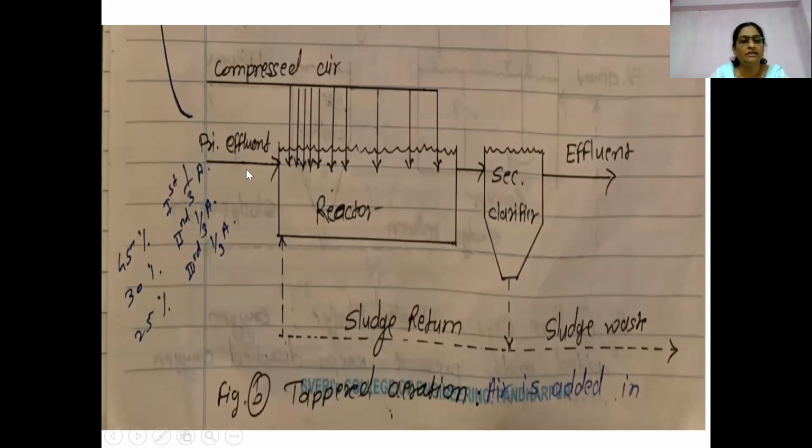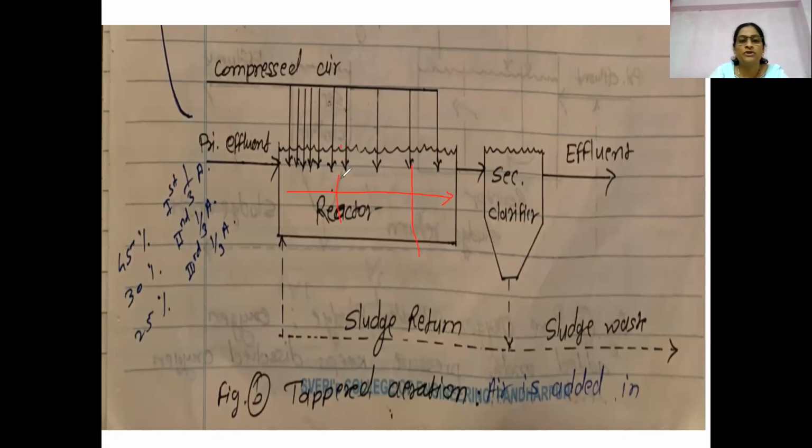At the same head, we can provide the effluent or the sewage, and compressed air we can distribute in a tapered form. Tapered form means what? Along the length of the aerator, we can divide it into 3 parts, 3 portions.